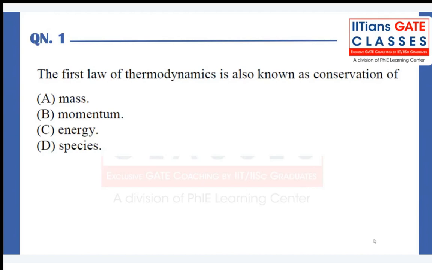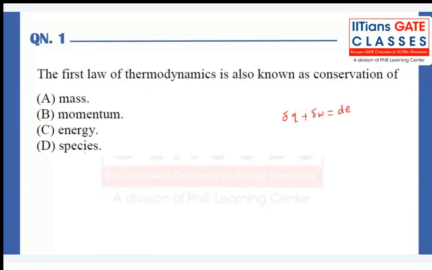So the first law of thermodynamics, if I want to put it into a mathematical form, looks something like this. In specific quantities, delta Q plus delta W is equal to dE. So here we know it's a conservation of energy principle.